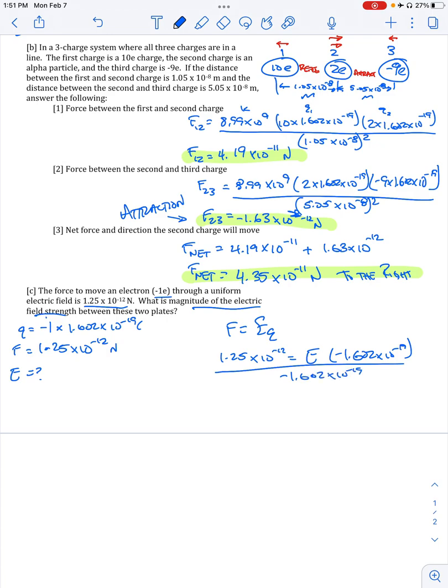Big E equals 1.25 times 10 to the negative 12, divided by 1.602 times 10 to the negative 19th. This should be negative 7,802,746.6. And that's going to be newtons per coulomb.